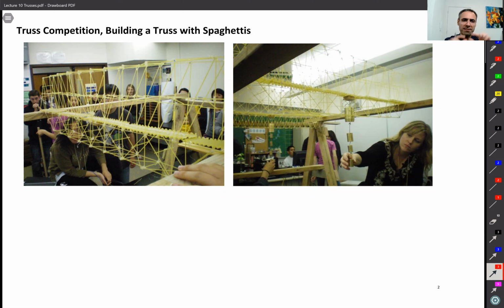A stick, with just half a Newton, you can break it, but you can build a truss with spaghetti if you do a correct design that you can see on this right image. This woman is hanging, I'm guessing, something around 1.5 or 2 kilograms, and the structure is still stable.